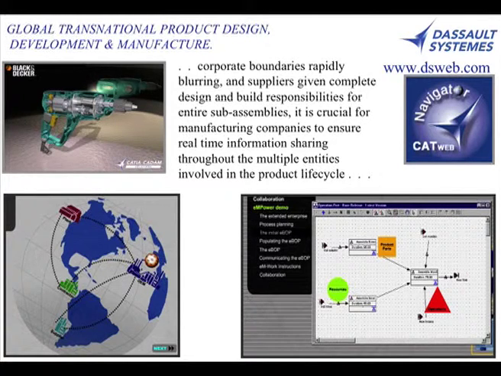Finally, global transnational product design, development, manufacture. So here we have a picture of a Black & Decker drill, which is a solid model produced using Catia CAD solutions, which is owned by and developed by Dassault Systèmes.